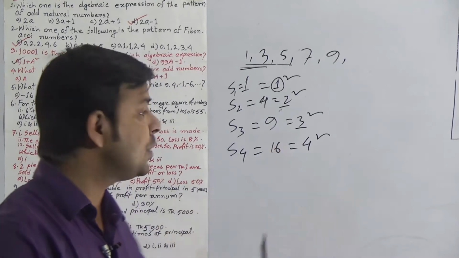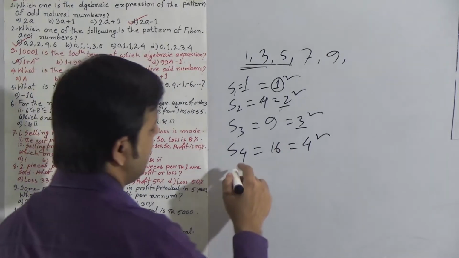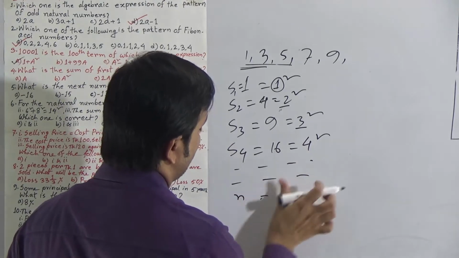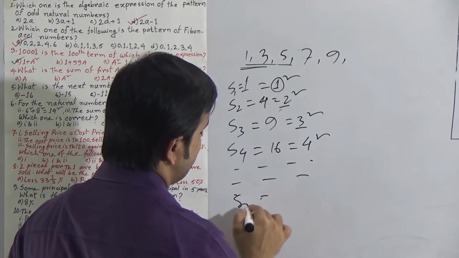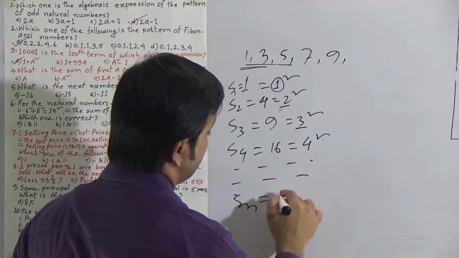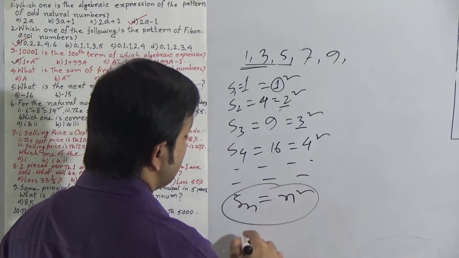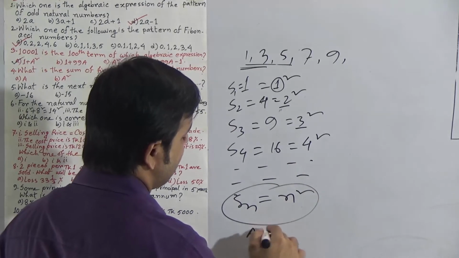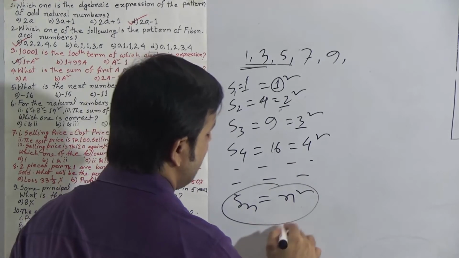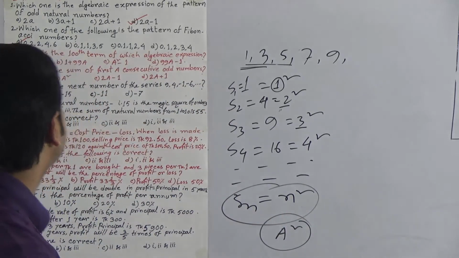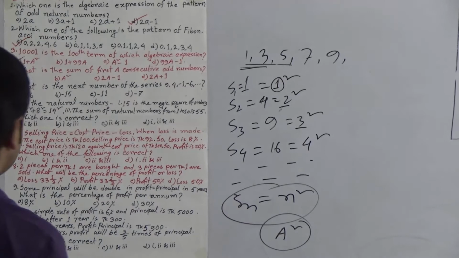It means that the sum of n numbers, Sn, is n square. So the sum of the first a numbers should be a square. So we can say our answer of question 4 is B.